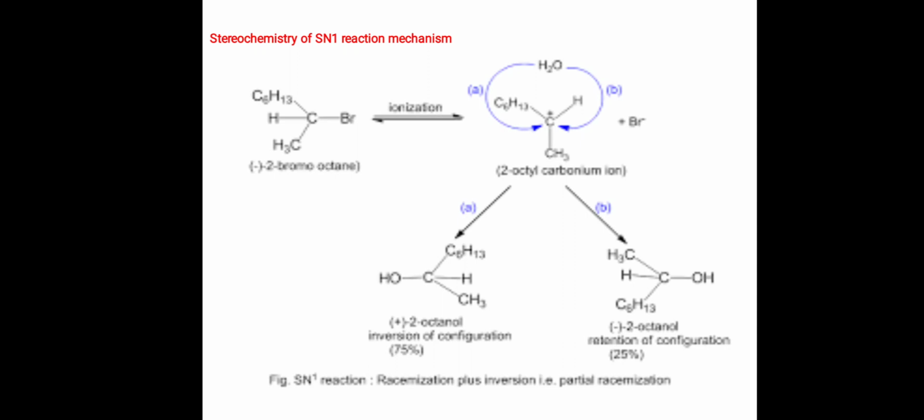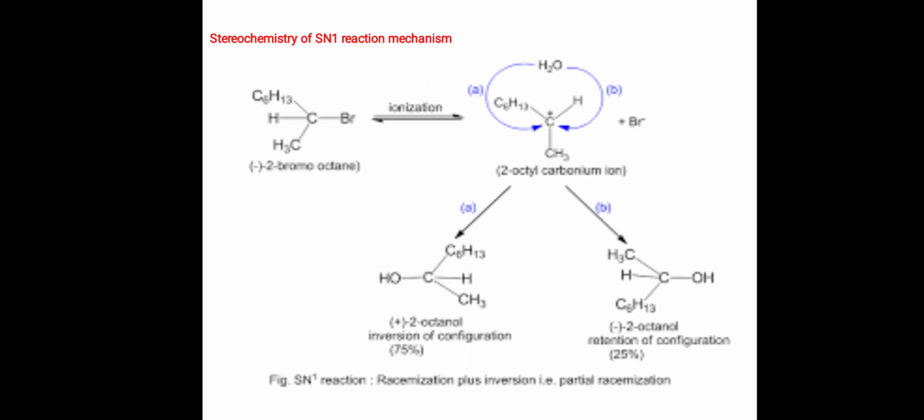Stereochemistry of the SN1 reaction. Take a bromo-octane with the R configuration. On ionization, the bromide ion leaves, forming a carbocation. This carbocation is a secondary carbocation.